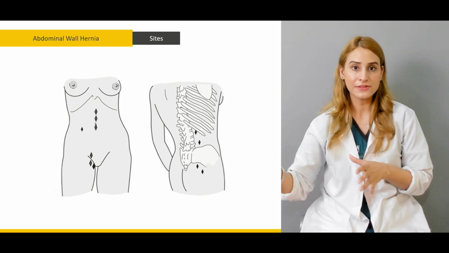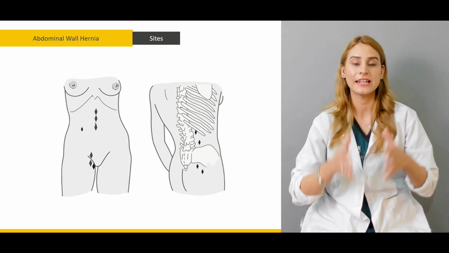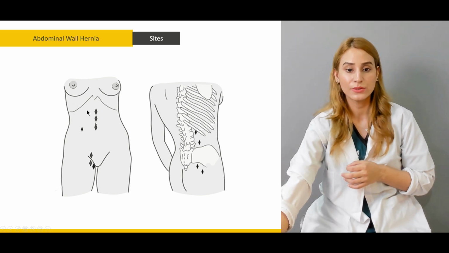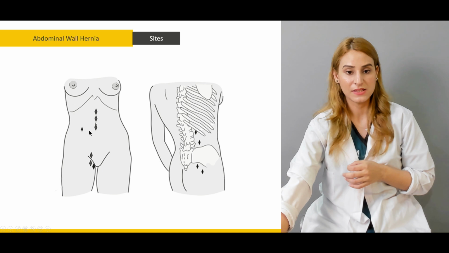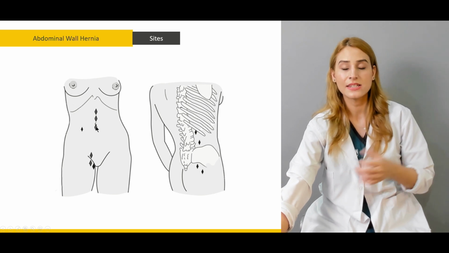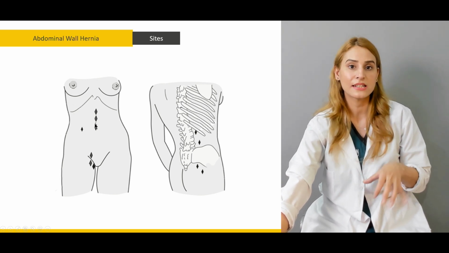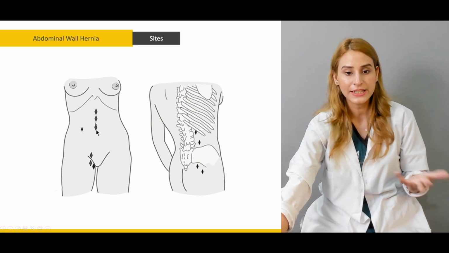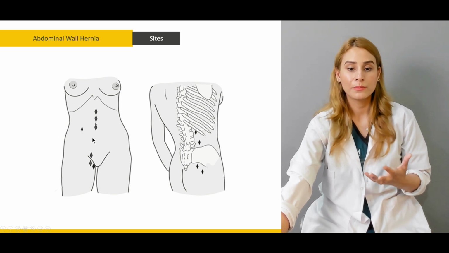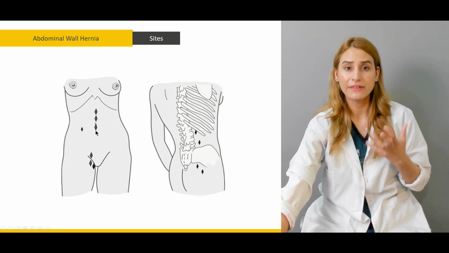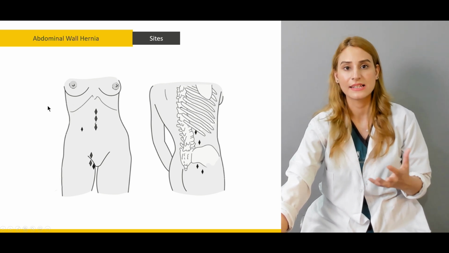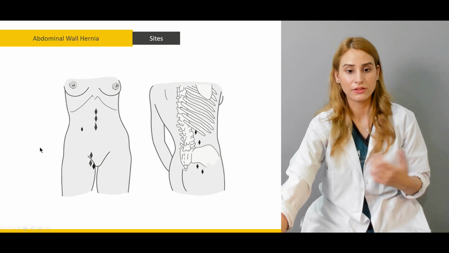So in adults it is a paraumbilical hernia, and in children it is an umbilical hernia. These are the sites of the epigastric hernia, and this is the umbilicus. If it comes from the umbilicus, it is called an umbilical hernia, and if it comes from the region around the umbilicus, it is called a paraumbilical hernia.